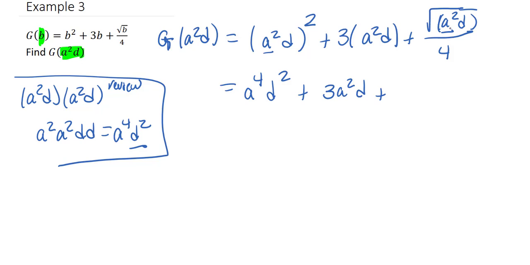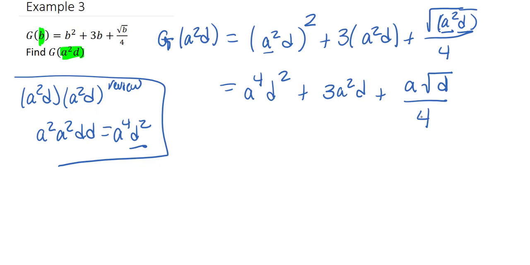So basically we have 2 copies of a. One can pop out of the square root, and then we're left with just d, which stays in the square root. We can't take it out because we have to have 2 copies of it with the square root. And this is all over 4. So we have simplified this a little bit further.